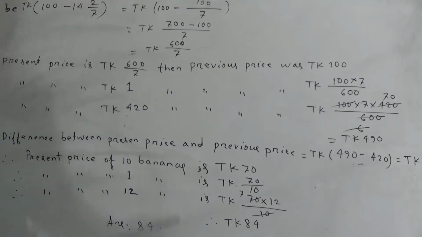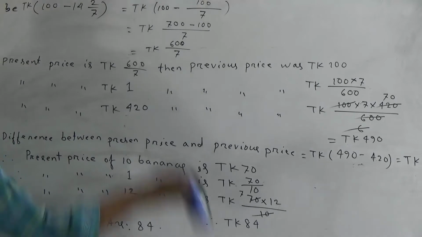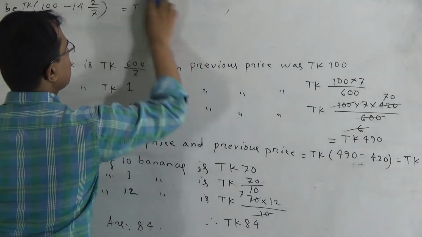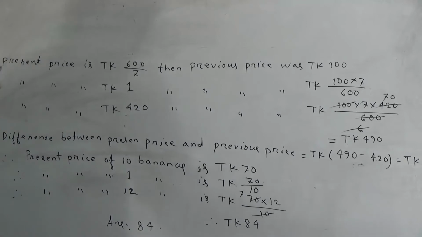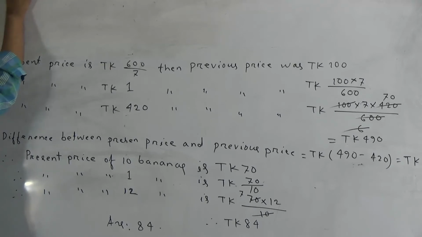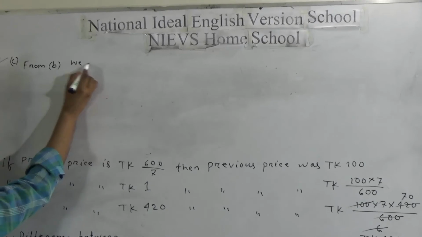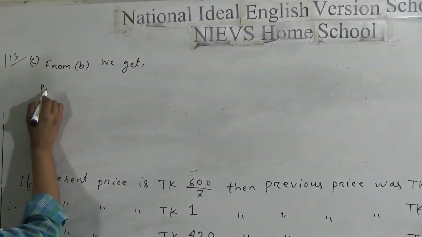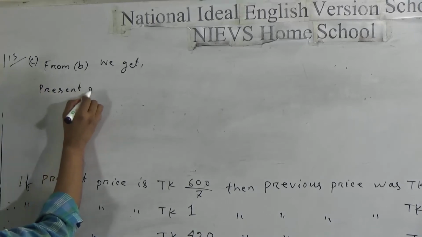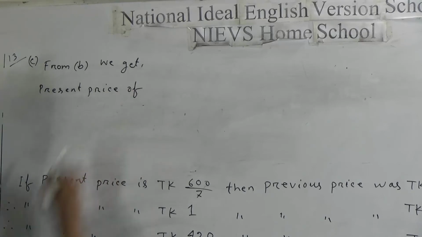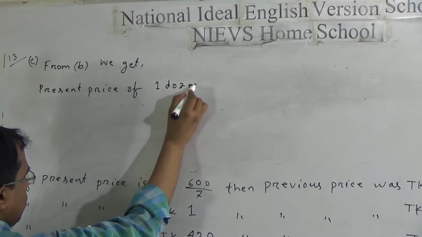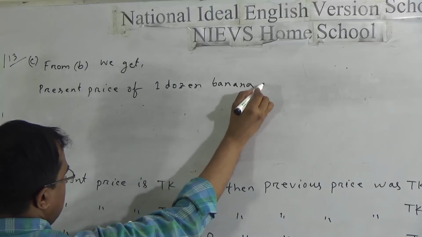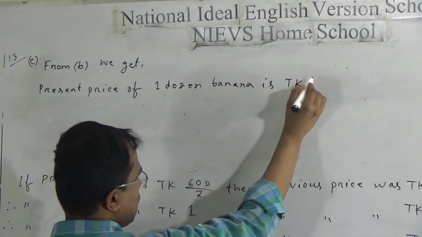At first we will write from B. We get the present price of 1 dozen bananas is TK 84.